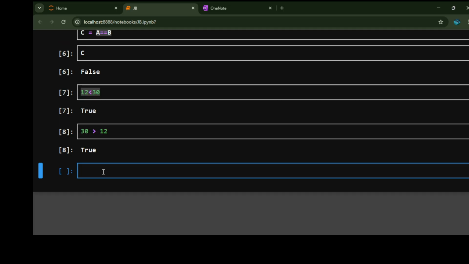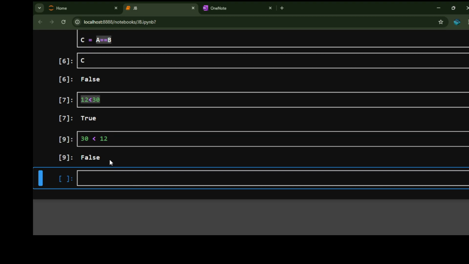We have interchanged the variables, but the operator is the same. So 30 is not less than 12, and the output is false.